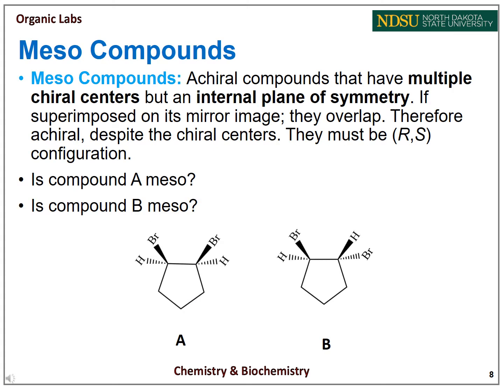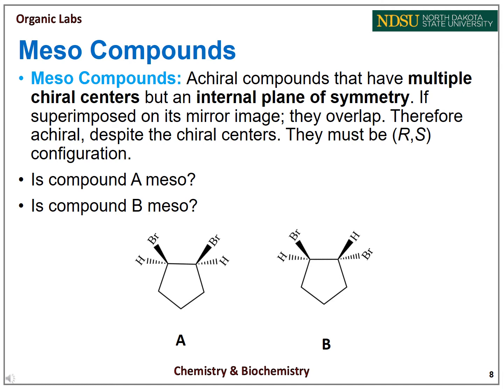In addition to the possibility of diastereomers, molecules containing multiple chiral centers can give rise to meso compounds. Meso compounds are compounds with an internal plane of symmetry and can be identified as having one R and one S configuration when the chiral centers are assigned. So looking at the first two compounds, is compound A meso?